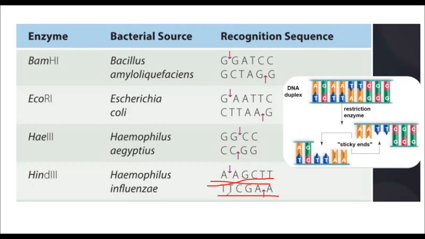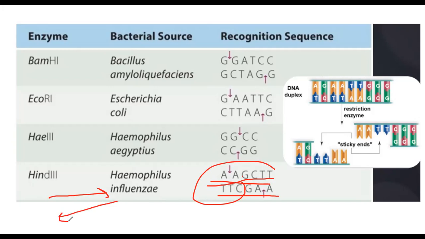So this is also known as a palindrome. This type of symmetry is known as palindromic symmetry. So the sequences which are running in this direction, the same sequences are running in the opposite direction.